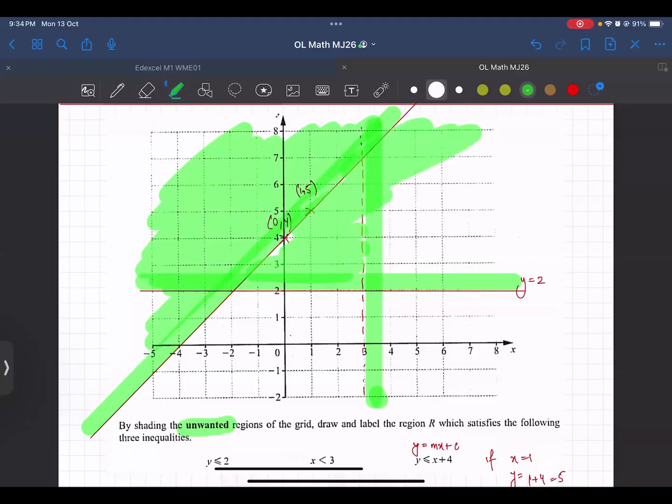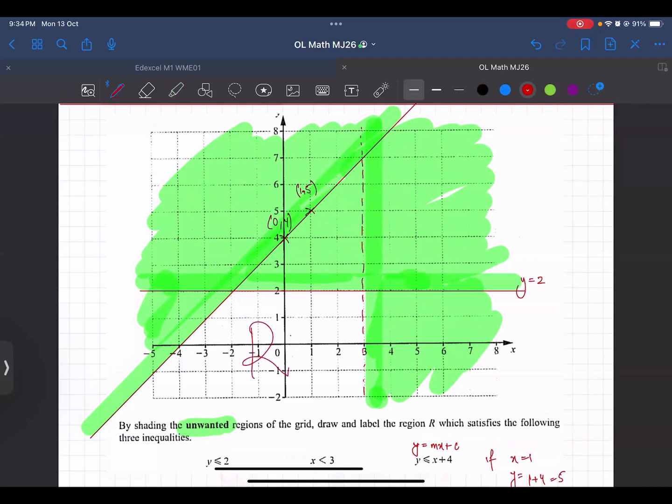This complete region we don't need, I tell you. And this part also we don't need. So what is left? All of this region. So this is your R. This triangle, all three are coming in it. So we have shaded the parts which you don't need.